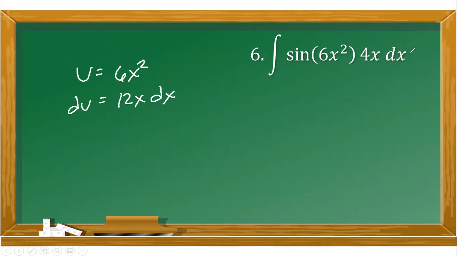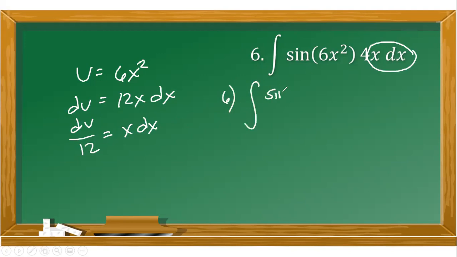So kahit itira natin si x dx, okay, yung variable, tapos yung dx. Okay, so du all over 12 is equal to x dx. Okay, so rewriting that, integral of sine of u, okay, times 4x dx.